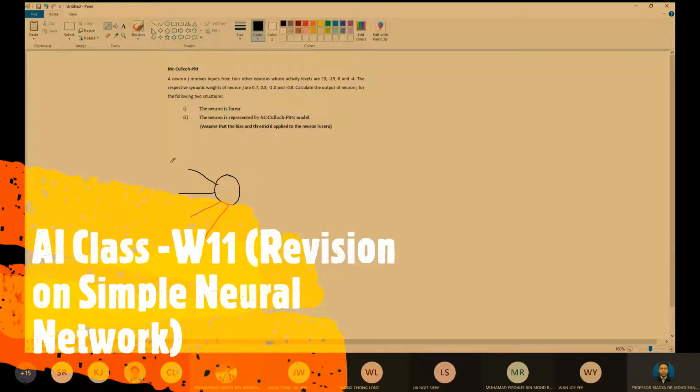This means we can create inputs x1, x2, x3, and x4. x1 I declare as 15, x2 is negative 15, x3 is 8, and x4 will be negative 4.